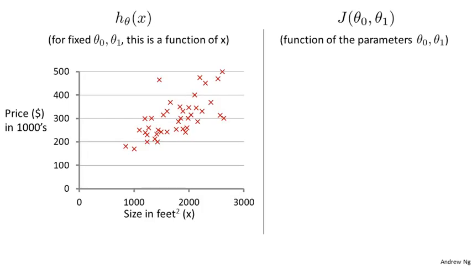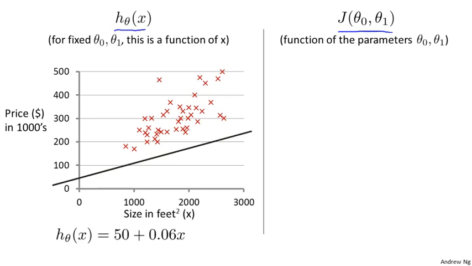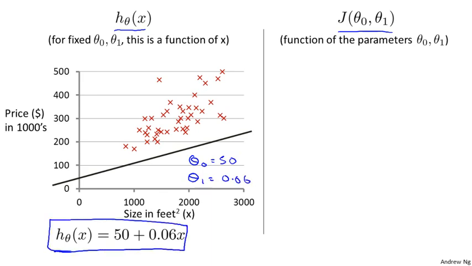So, same as last time, we want to understand the hypothesis h and the cost function J. Here's my training set of housing prices, and let's pick some hypothesis, like that one. This is not a particularly good hypothesis, but if I set theta 0 equals 50 and theta 1 equals 0.06, then I end up with this hypothesis down here, and that corresponds to that straight line.